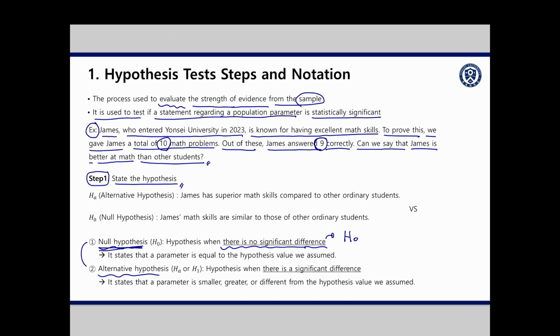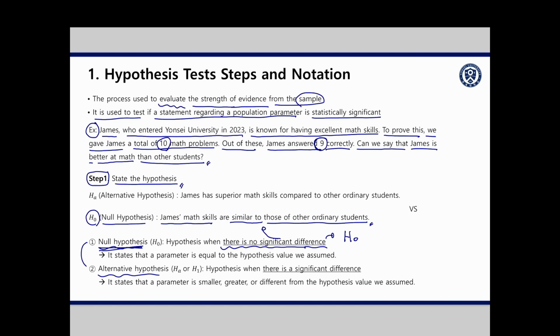In this example, the H0, the null hypothesis, means that James' math skills are similar to those of other ordinary students, that is, there is no significant difference.